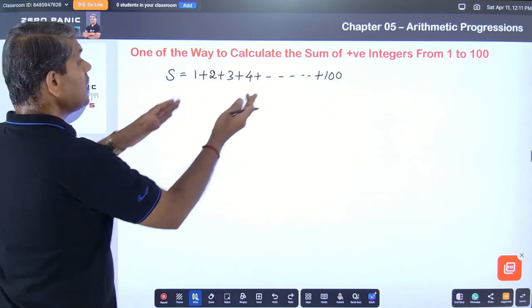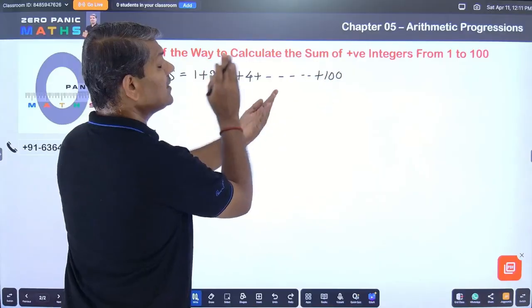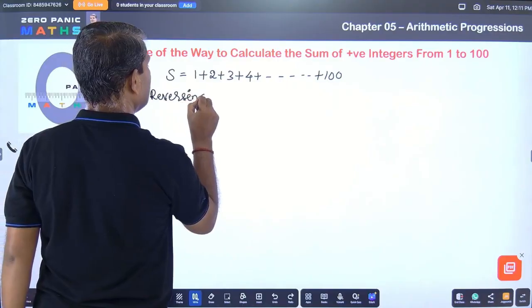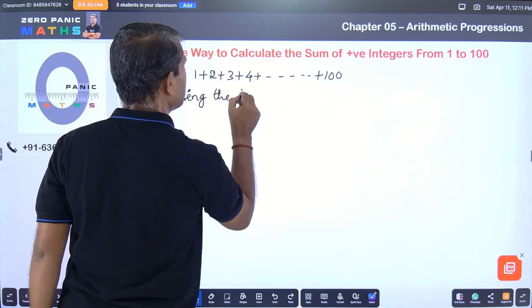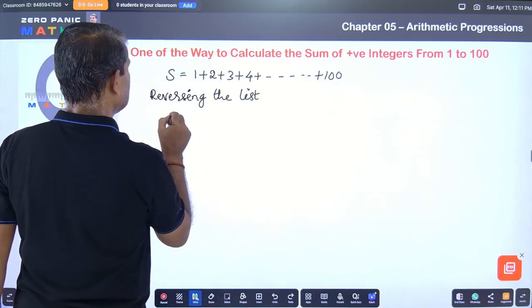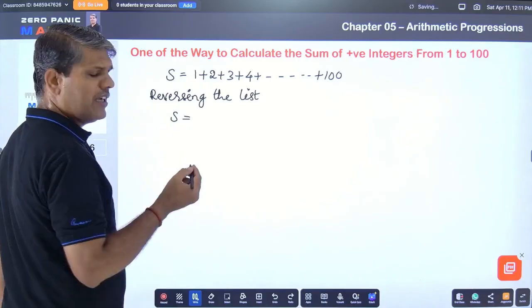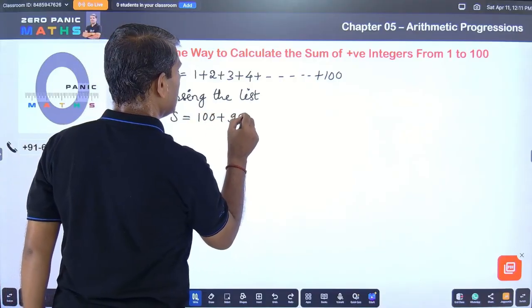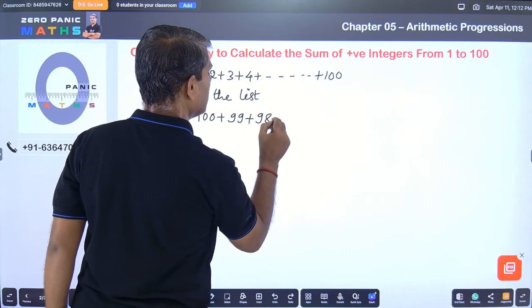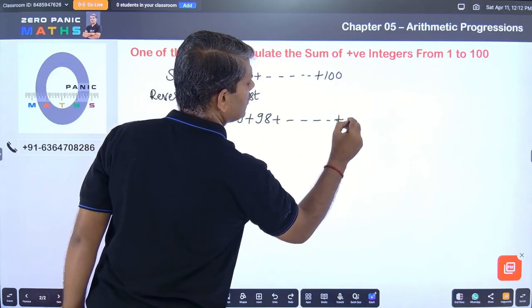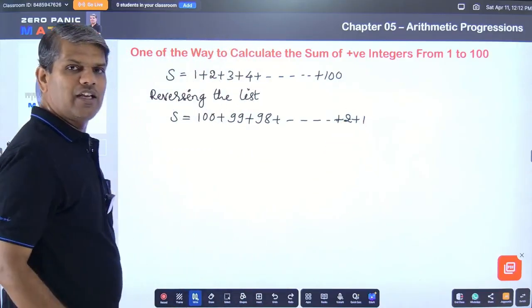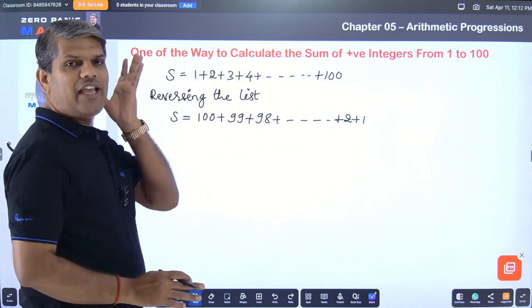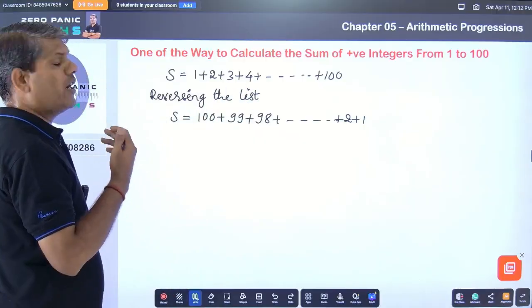Now suppose we reverse the list. The value will not change. That is 100 plus 99 plus 98 plus, and so on, down to 2 plus 1. This sum remains the same; we just reversed the order of the same numbers.